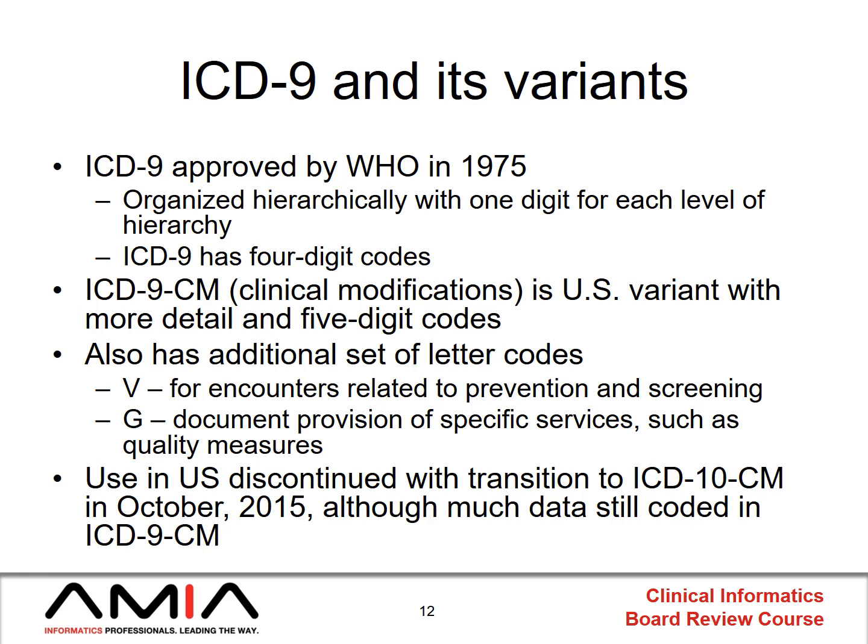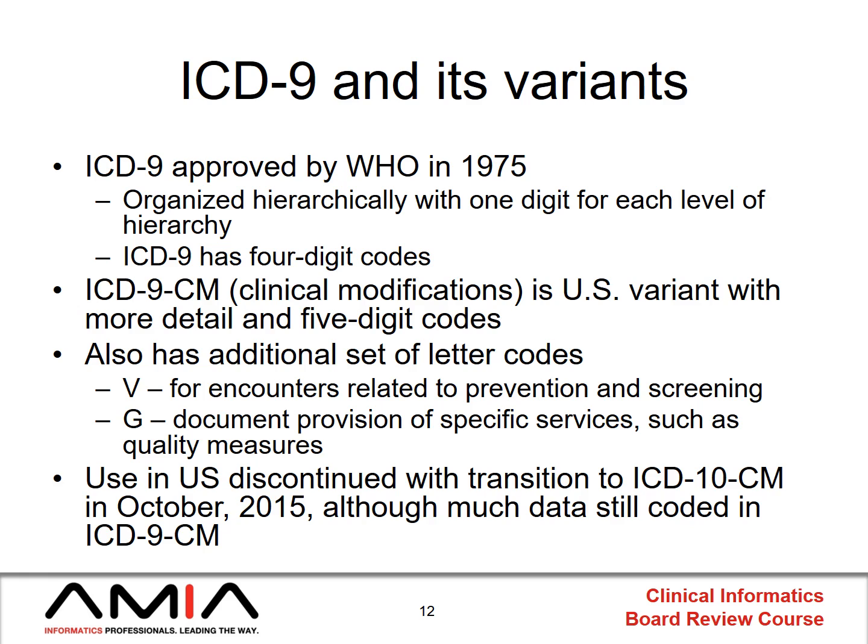It had V codes for encounters that were related to prevention and screening, so one could talk about colorectal cancer screening without stipulating that that diagnosis was actually present, and also G codes that documented provision of certain services, such as quality measures.